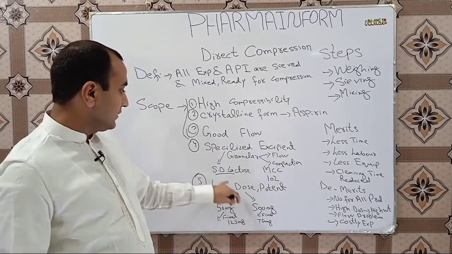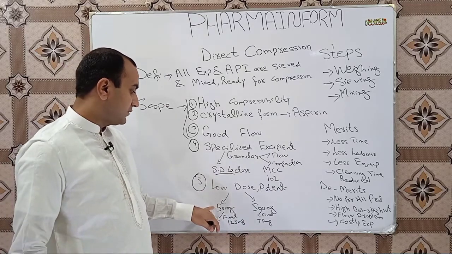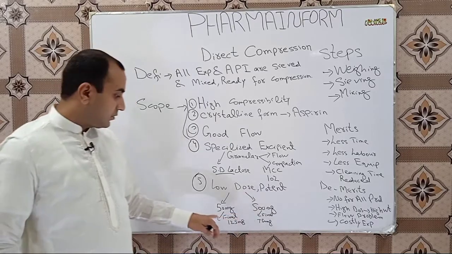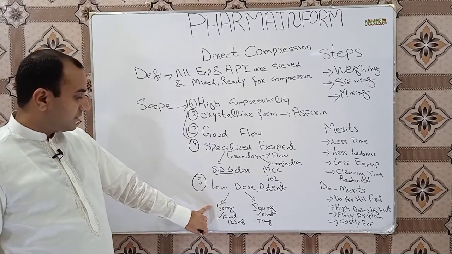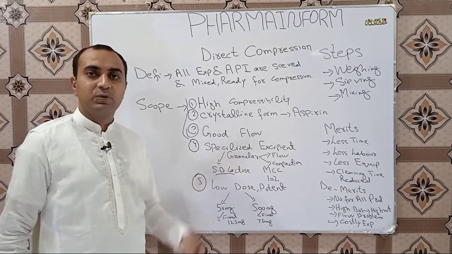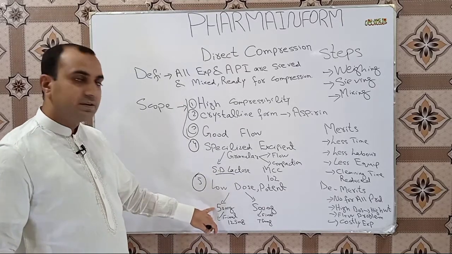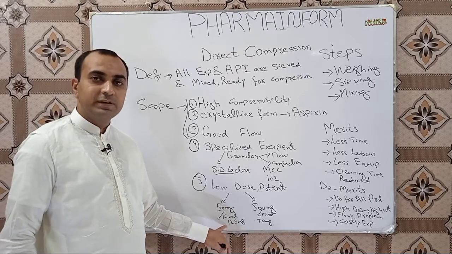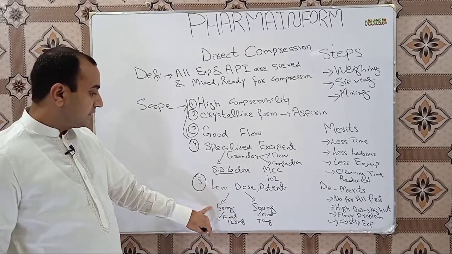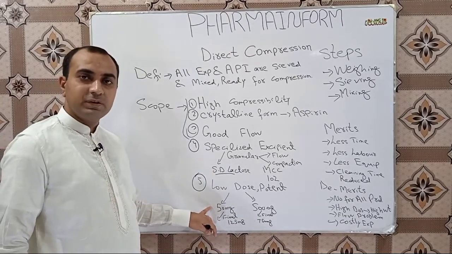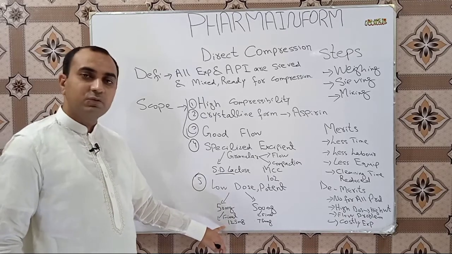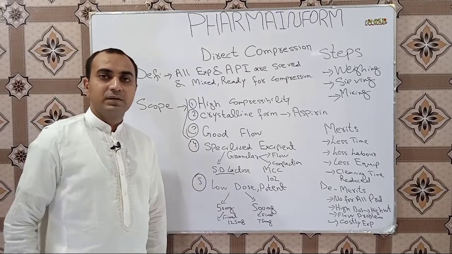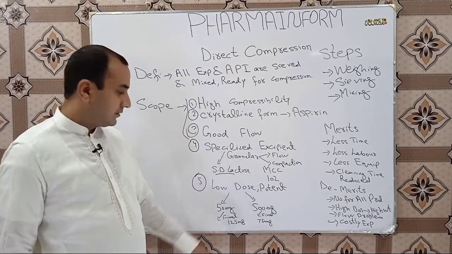It can easily be used for a strength of 50 milligram instead of 500 milligram, because if we want to compress a product whose strength is 50 milligram and our final compression weight is 125 milligram, we can easily compress 50 milligram in a weight of 125 milligram by using granular type excipients.